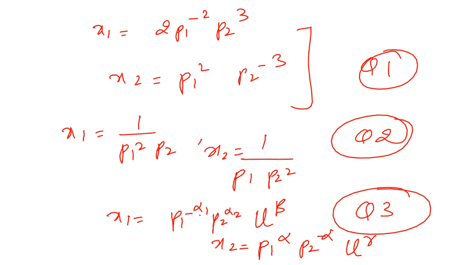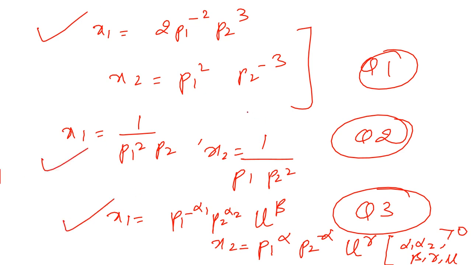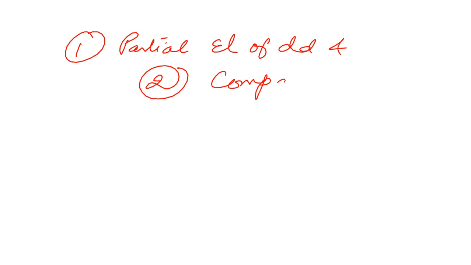Alpha to beta is a constant, and mu is also a constant. It is given that alpha 1, alpha 2, beta, gamma, and mu are greater than 0. You have 3 questions for this topic. For each of the following you have to find the partial elasticity of demand, and second, test whether goods are complementary or competitive, whatever is the case.